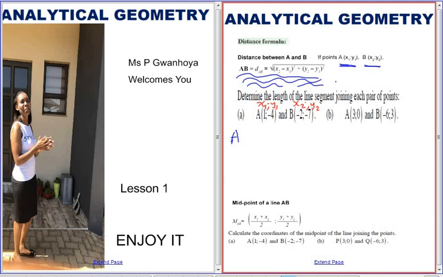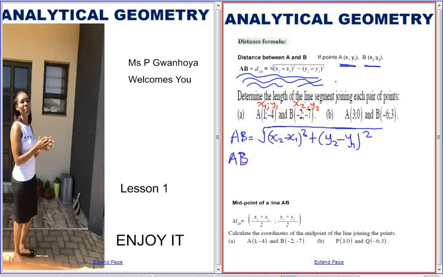Please, this is the distance formula as you're seeing it in your formula there. It's x2 minus x1 squared plus y2 minus y1 squared. So you will easily calculate this distance by substituting in there.